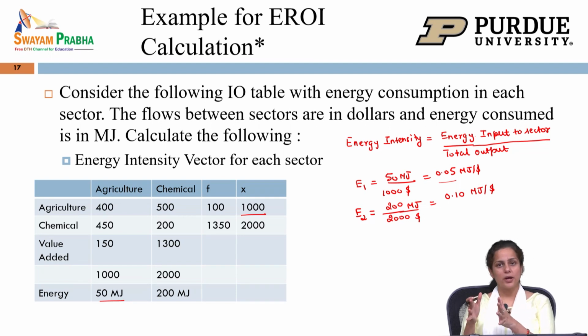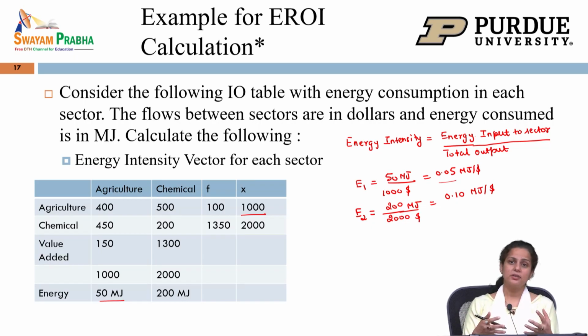So, if you have a new final demand, you can calculate the total life cycle throughflow and then multiply by this energy intensity to get the total energy consumed, and that energy is the energy for processing, because this is energy input that is going into the functioning of those sectors. This is the processing energy, and if you know the fuel value of the product, then you can calculate the energy return of investment.